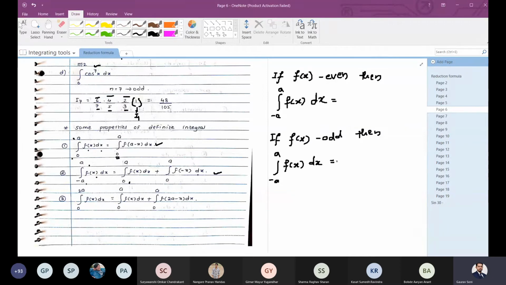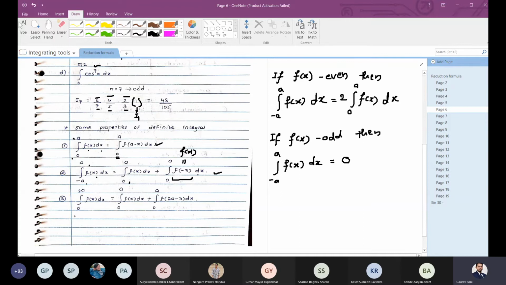Sir, for odd 0. For odd, it is 0. Because f of minus x will become minus of f of x, and the two terms will cancel out each other and it will become 0. So if f of x is even, then this term will become f of x. So what we get is 2 times the integral 0 to a f of x dx.